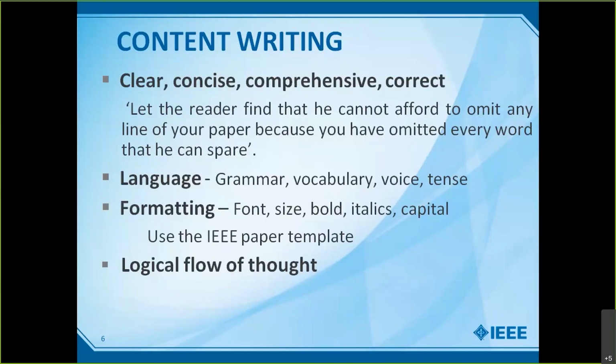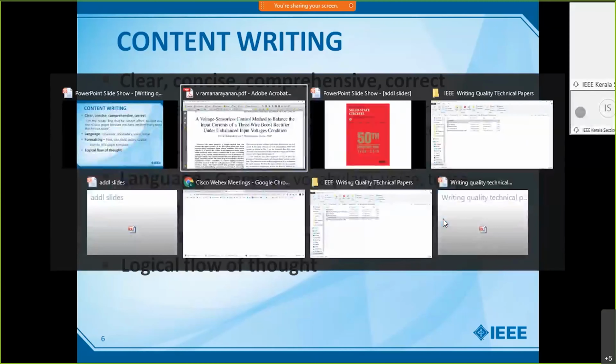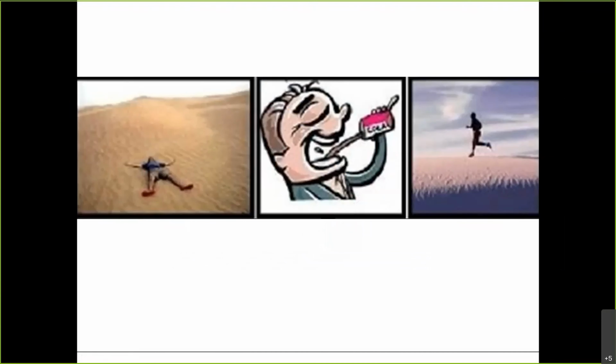So he was thinking about how to advertise his cola. Finally, he came up with a brilliant idea, because he didn't know the language: a pictorial representation. He showed three pictures.